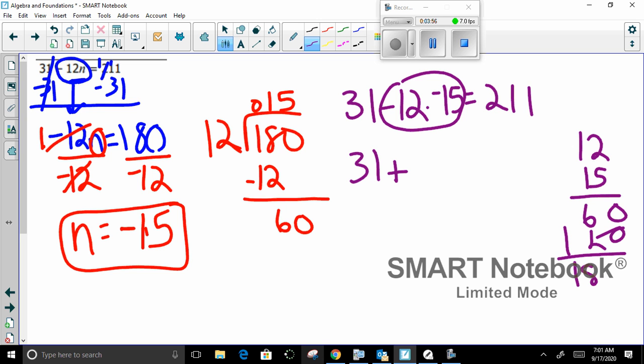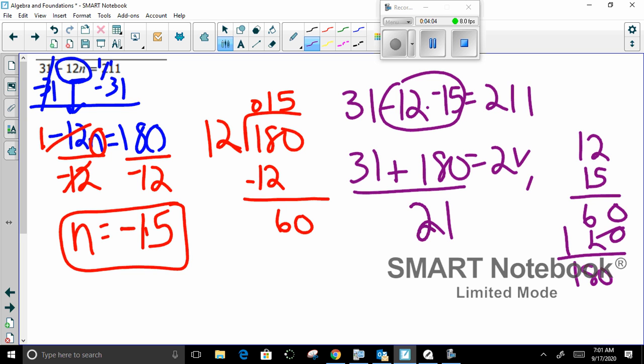So 180. And then if I go ahead and add this, that would give me 211. Yep. So I know that my solution of n equals negative 15 checked out. I know that I'm correct.